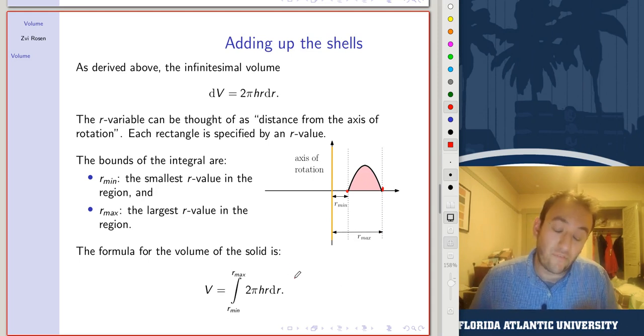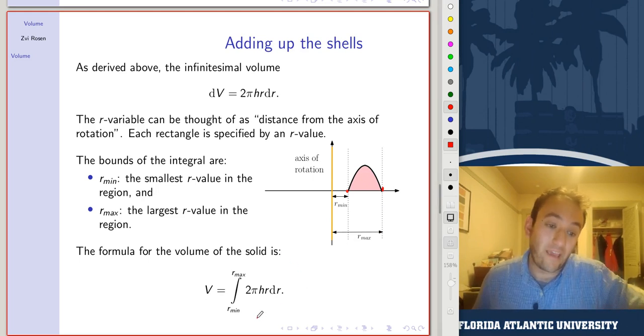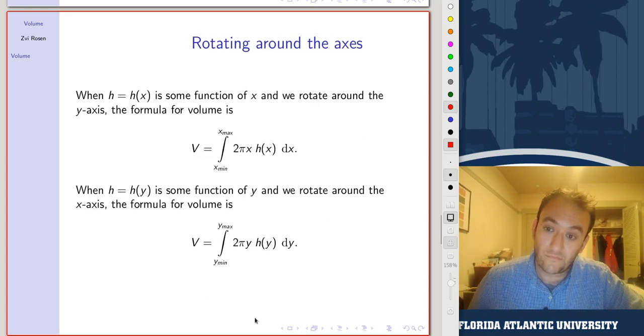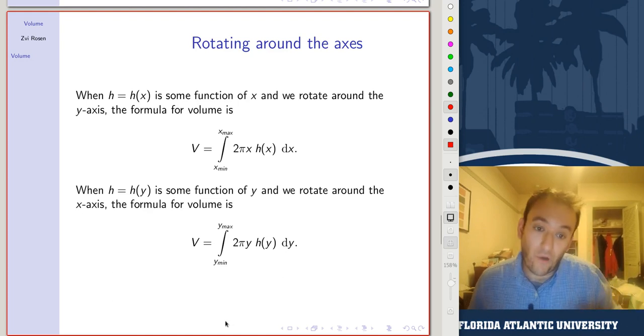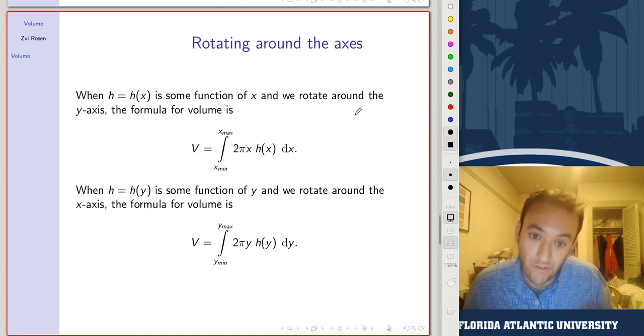Now the formula for the volume of the solid of revolution is V equals the integral from r min to r max of 2πhr dr. When we're rotating around axes, this takes a special form. So if h is h of x, some function of x, and we rotate around the y-axis, let's give a quick picture of what's happening here.